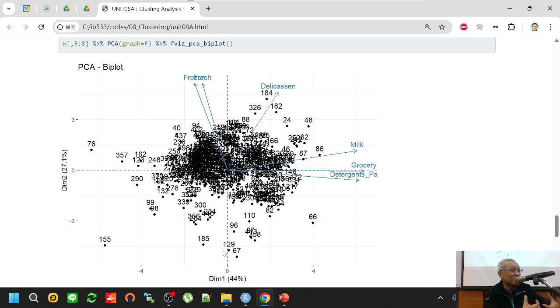So this dimensional reduction is basically just compressing the information within the 6 variables into 2 variables, okay? And during this compression, we try to minimize the information loss, okay?